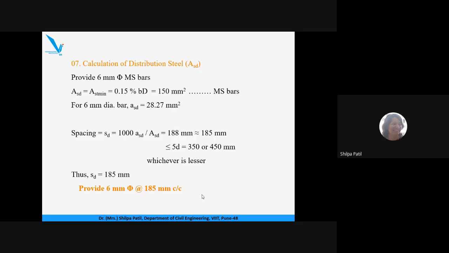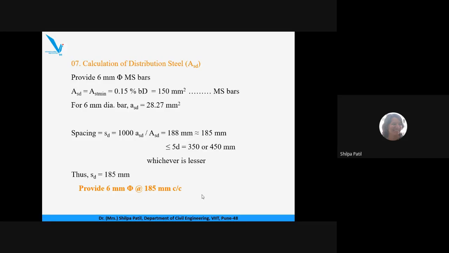Now going to the next step, that is calculation of distribution steel. For distribution steel, normally the diameter provided is lesser than the main steel, because this steel is provided only to take care of shrinkage, cracks and temperature variation. This steel does not take part in resisting moment.